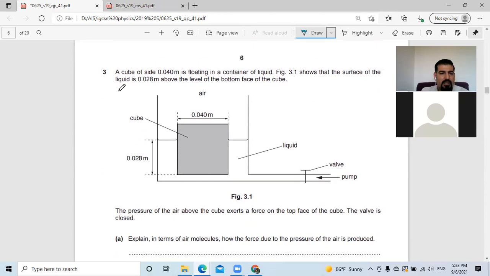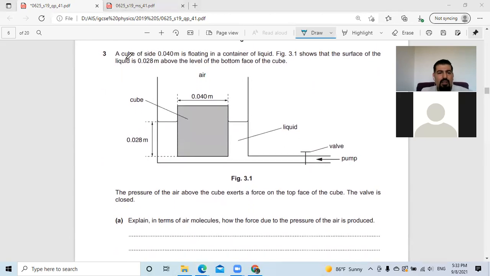In question number 3, they said a cube of side 0.04 meter is floating in a container of liquid. So we have a cube of side 0.04 multiplied by 0.04 multiplied by 0.04. They give us the dimensions.